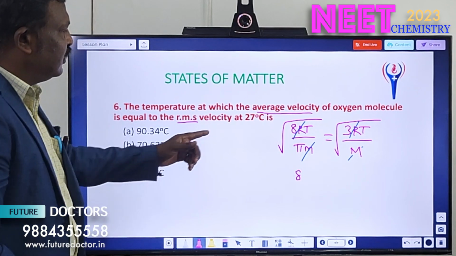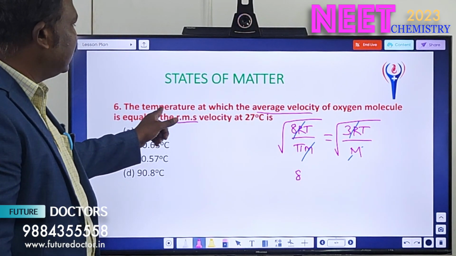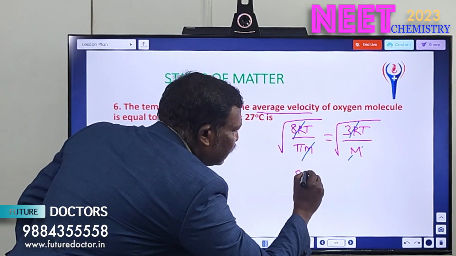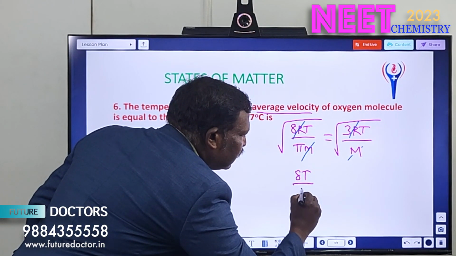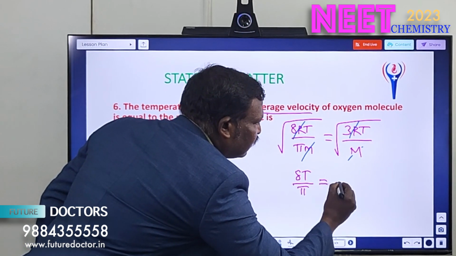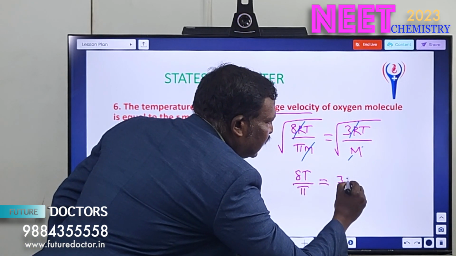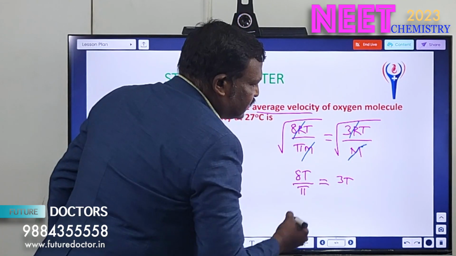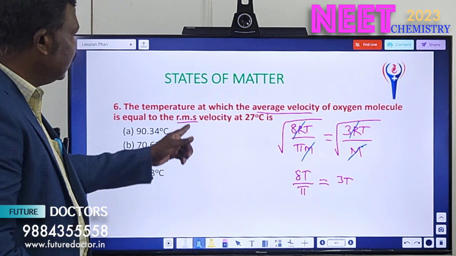But T is the variable. T is the only variable, the temperature we have to find out, so we should not cancel it. So 8T by pi is equal to 3T. Understood? This cancels. Therefore here T is given.